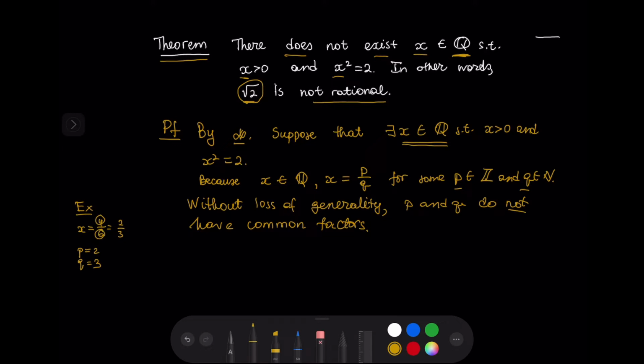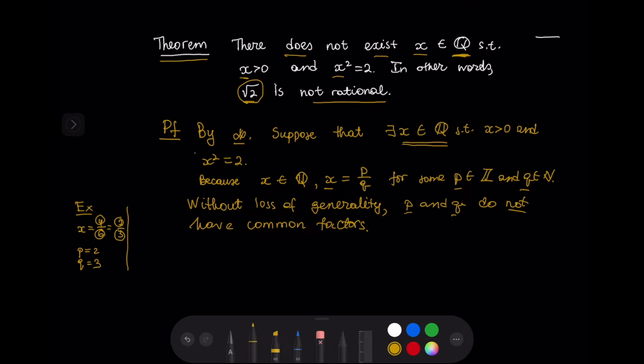That's just an example, but it gives you an idea that if p and q had common factors, we could just cancel them out, and we could always write x in such a way that x is equal to p over q, where p and q do not have common factors. All right, so we discussed that.